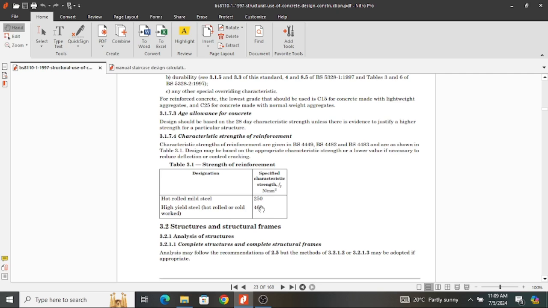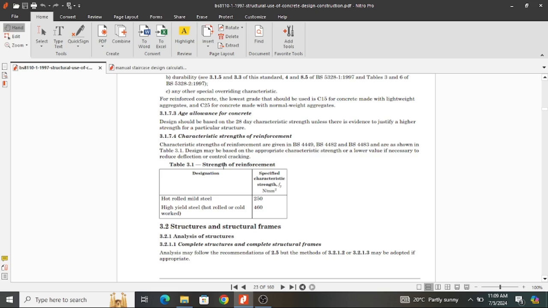So I could replace this with 500 once I'm doing the design calculations, or a lower value if necessary to reduce deflection or control cracking. The reason why I'm stating this is that recently I did a design. I forwarded my design to the local authorities for approval in some county in my country, Kenya.